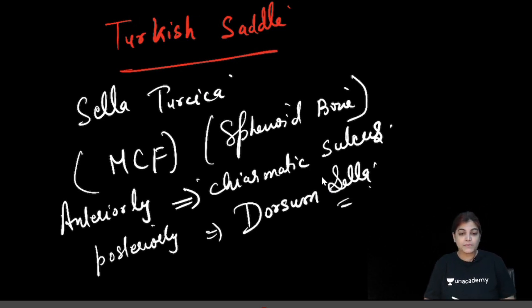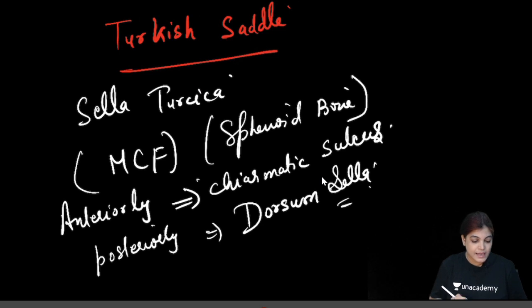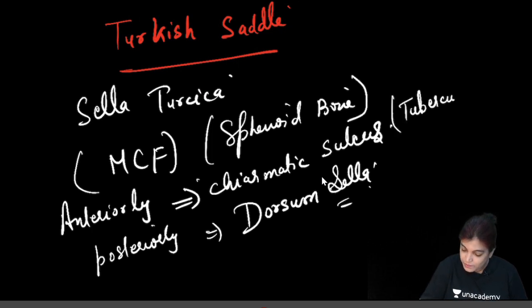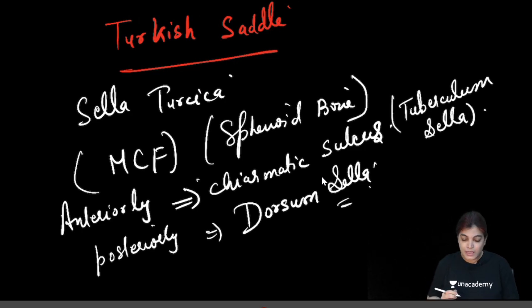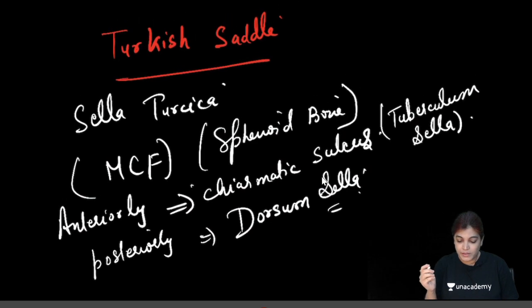On the posterior aspect lies the dorsum sellae, on the anterior aspect lies the chiasmatic sulcus, and this chiasmatic sulcus is also called the tuberculum sellae. So it is lying in close association with the tuberculum sellae. These are the points which should be kept in mind while solving this MCQ.